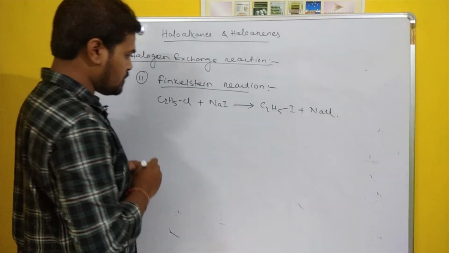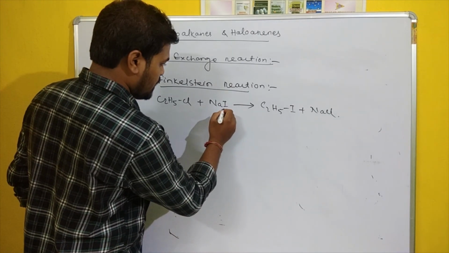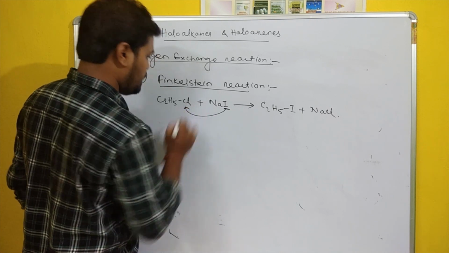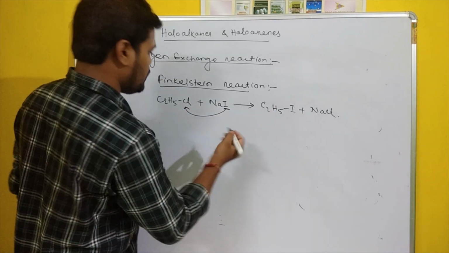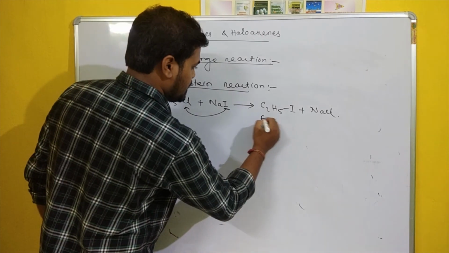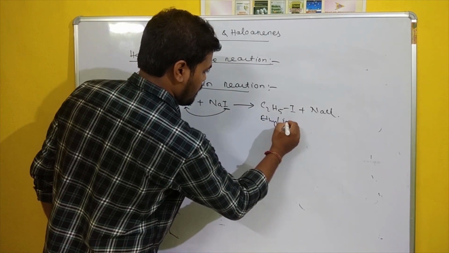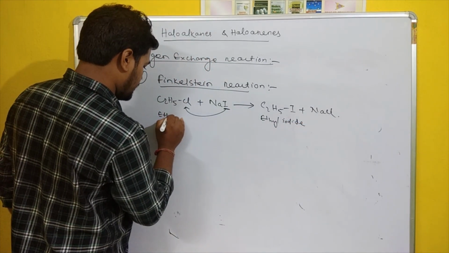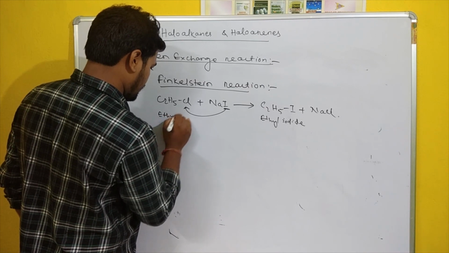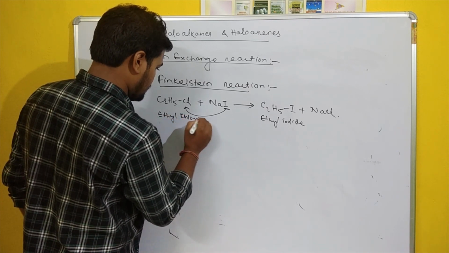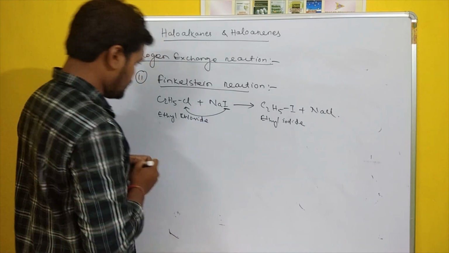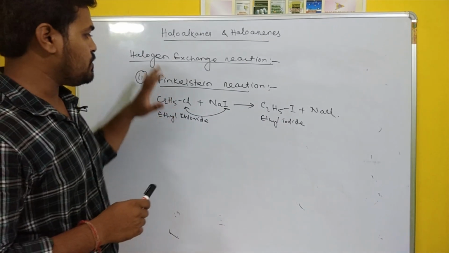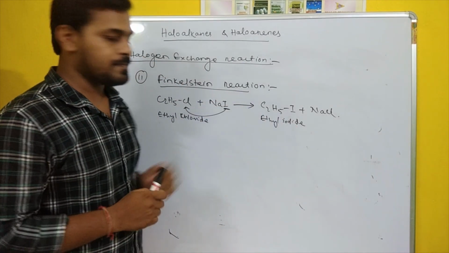In this reaction, the halogen atom iodine replaces the chlorine, so that we will get ethyl iodide from ethyl chloride. So in the Finkelstein reaction we will get iodide. This reaction is basically for alkyl iodide, right?